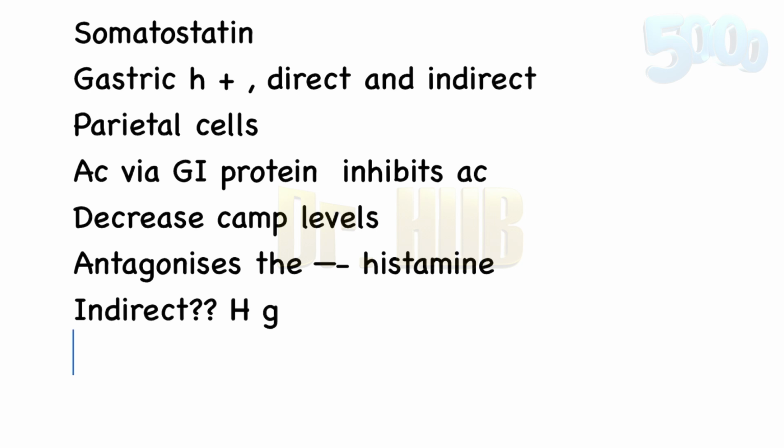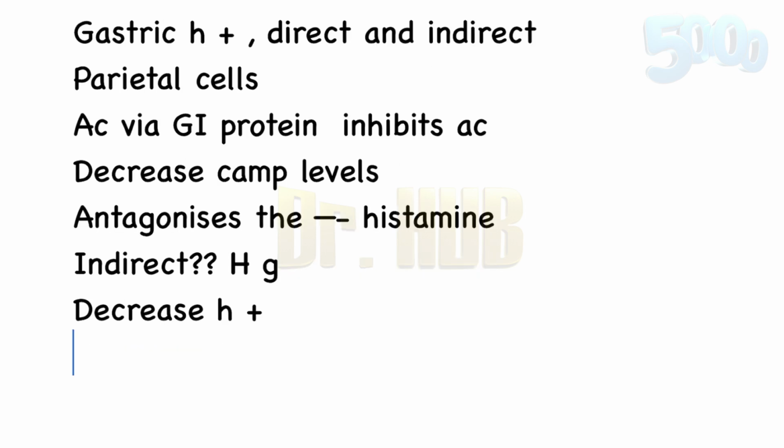Whereas in the direct pathway, it binds to receptors on the parietal cells coupled to adenyl cyclase via the Gi protein and decreases the cAMP level. Indirectly, it inhibits the release of histamine and gastrin, and ultimately decreases H plus secretion.